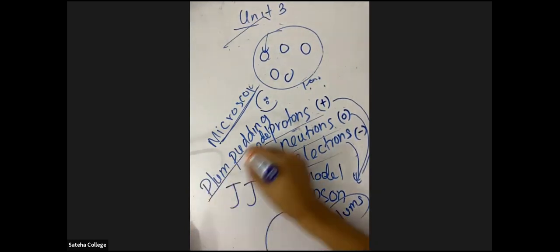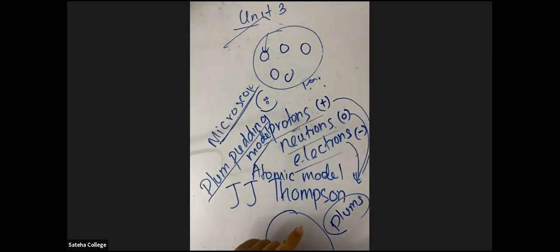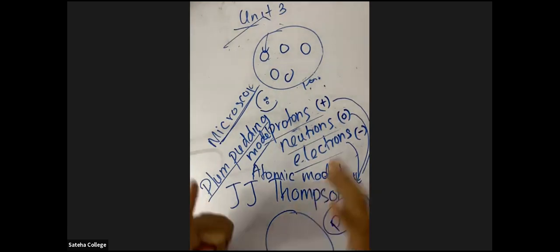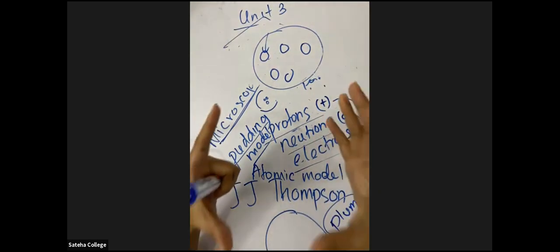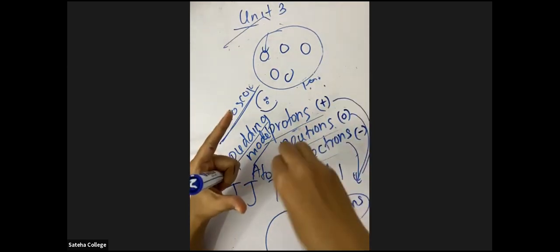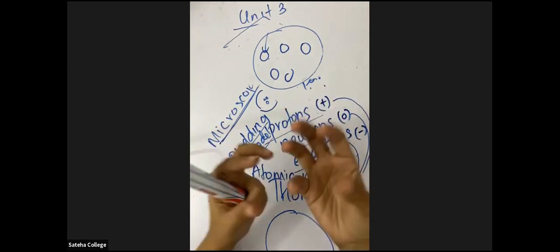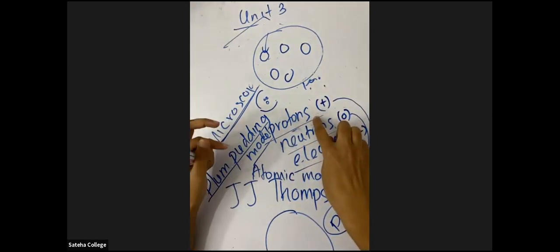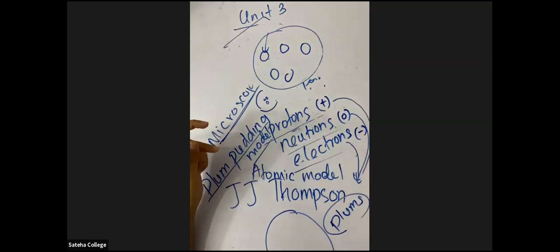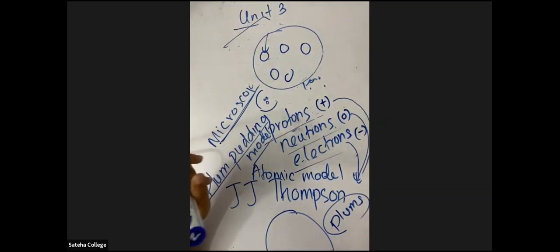So that is what the plum pudding model says. Say with me: an atom is a pudding mixed with plums, and the plums were the proton, neutron, and electron. Did you understand the story?